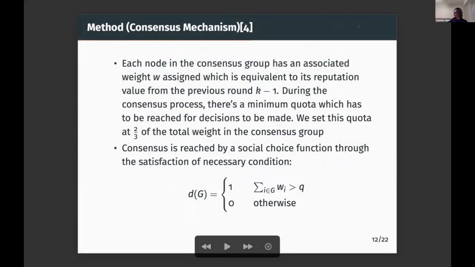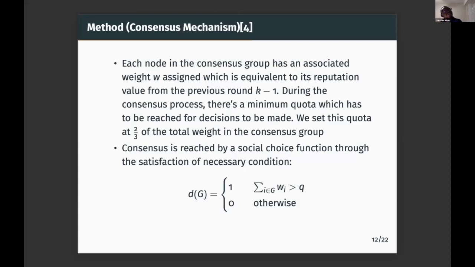So each node in the consensus group has an associated weight, W, that is assigned to it, which is equivalent to its reputation value from the previous round. And during the consensus process, there is a minimum quota, Q, which has to be reached for decisions to be made.